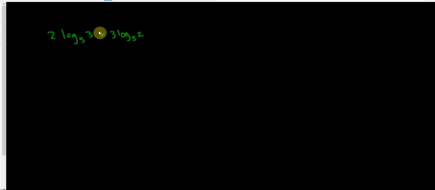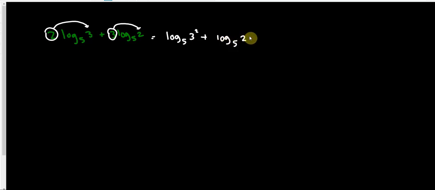I would go ahead and tell you, if you're trying to smush everything together, use the power rule first. So you see I have a 2 out front. Let's stick that up top as an exponent. And this one has a 3 out front. Let's stick that one on top as an exponent. And so I'll have log base 5 of 3 squared plus log base 5 of 2 to the third.